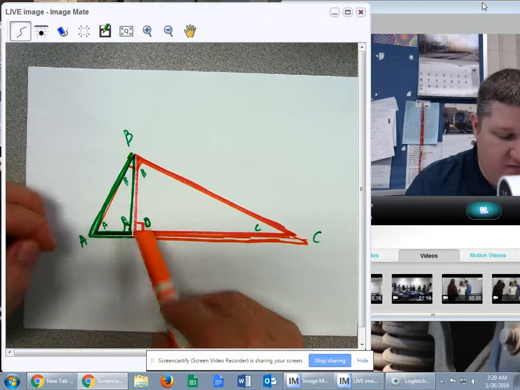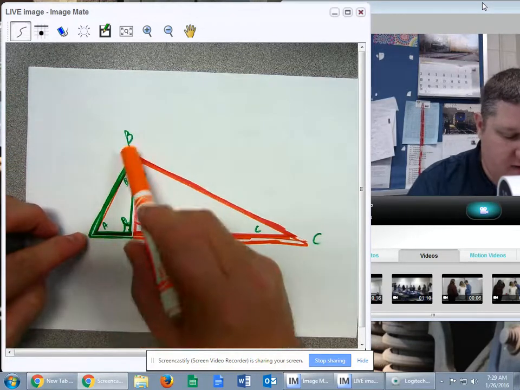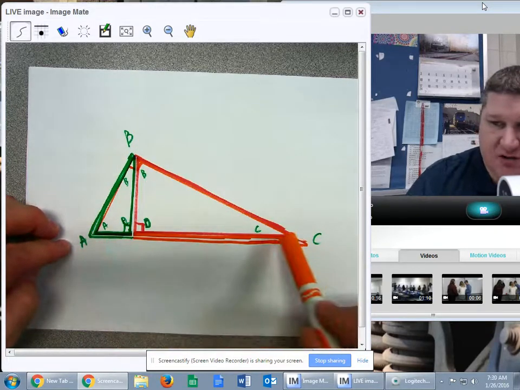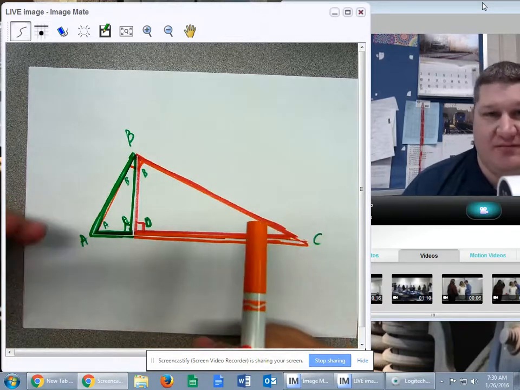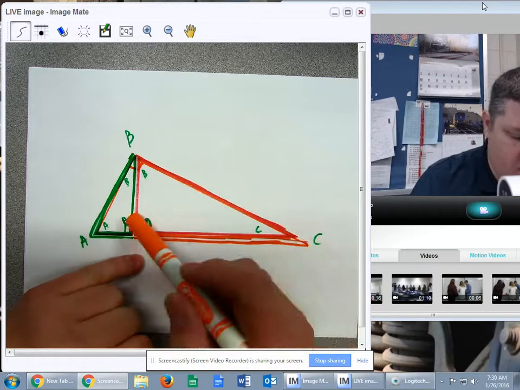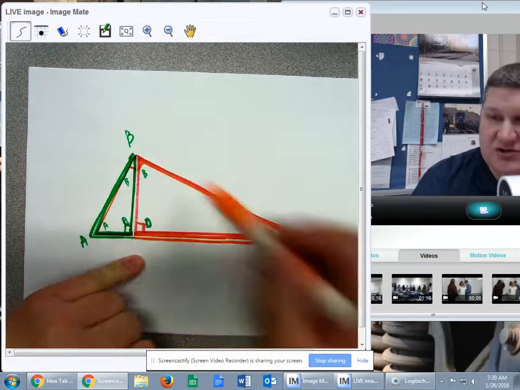So now I have a right angle in each place, and A is in this little triangle and the big triangle. So what must be true about the big triangle and the little triangle? By angle, they are similar. Same thing here, right angle and angle C, right angle C for the big triangle and the red triangle.